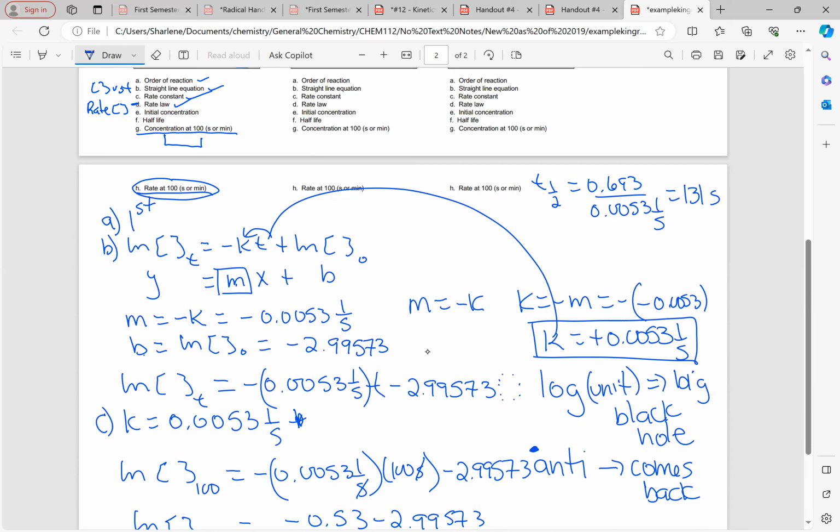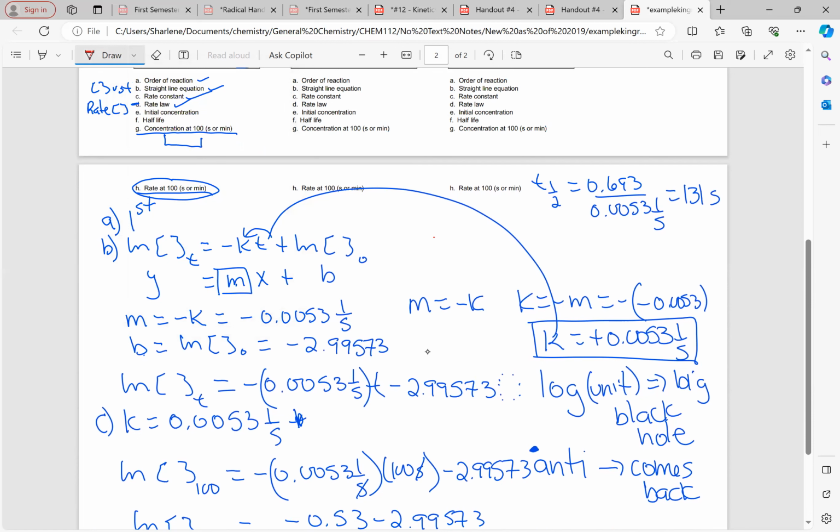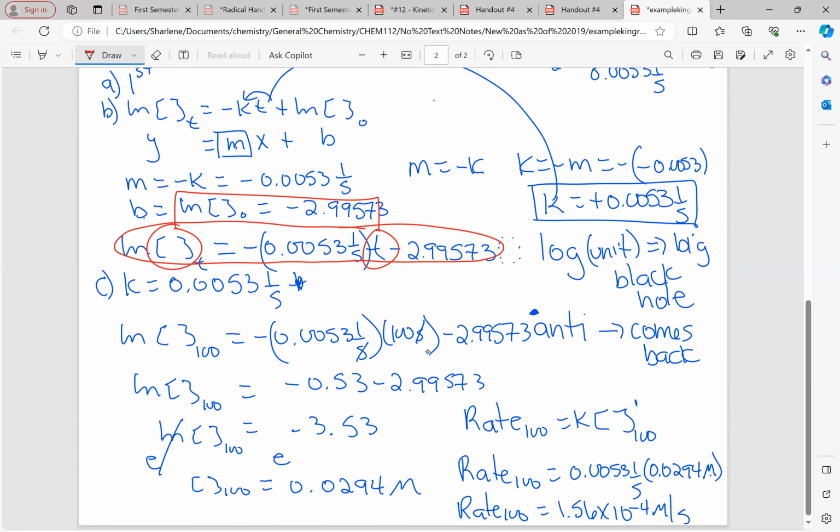Those are tools. The straight line equation, its whole power is that if you want to plug in a time, it will give you a concentration, or vice versa. If you want to give it a concentration, it will tell you what time or how long before that concentration will exist. That is its power. The rate law, the power is rate versus concentration.